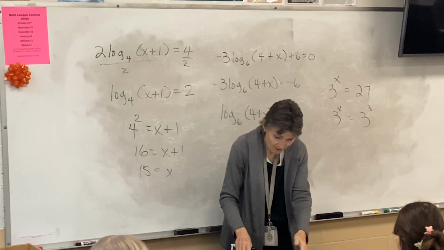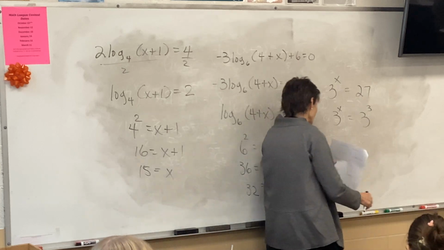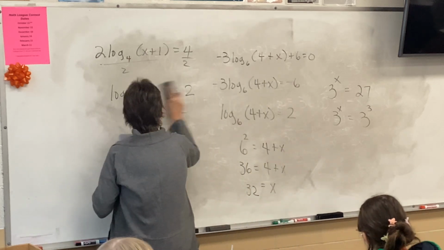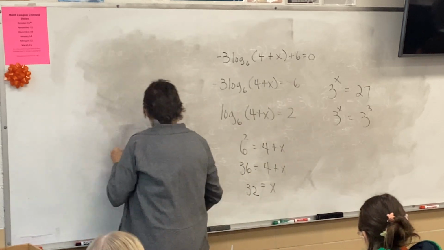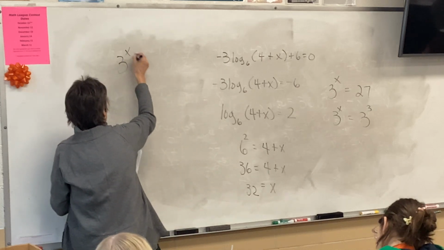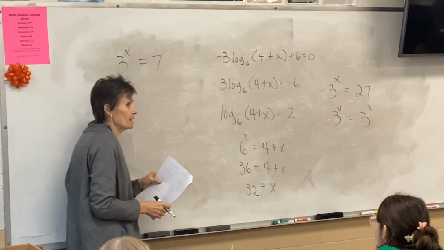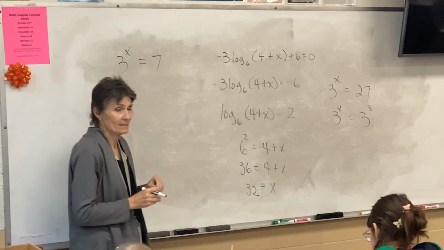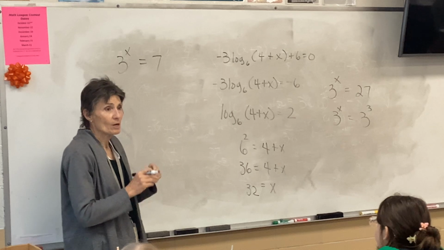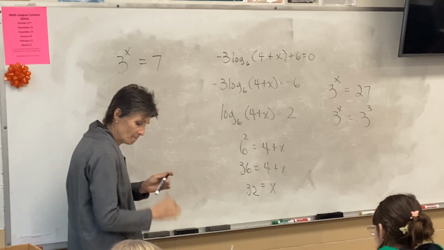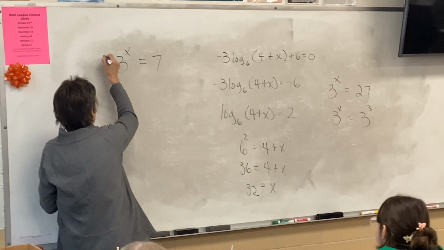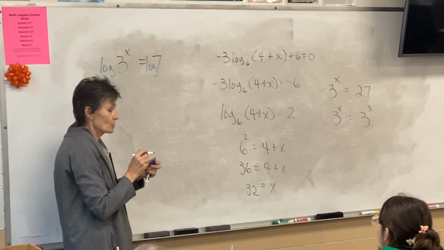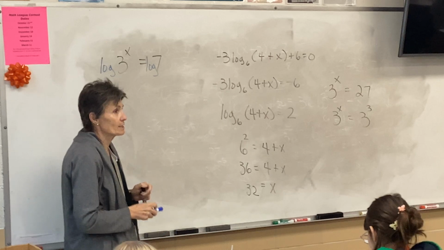That is not going to work with problem A. Would everyone agree that getting a common base is out of the question? Yep, can't do it. So when you can't get a common base, the only way to solve the problem is to take the logarithm of both sides. So put a log on both sides.